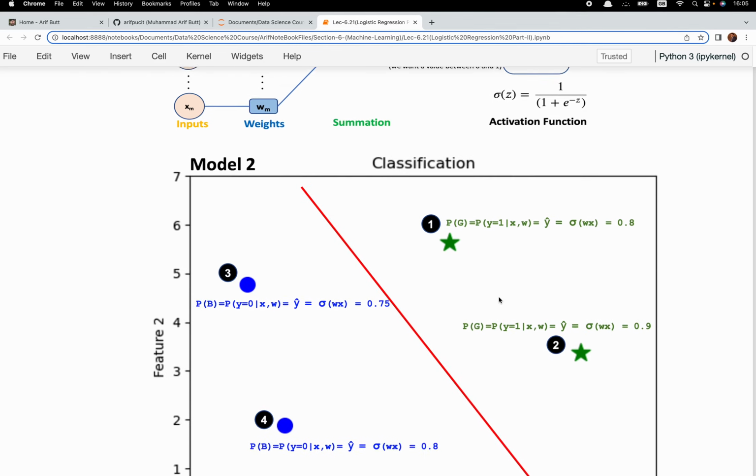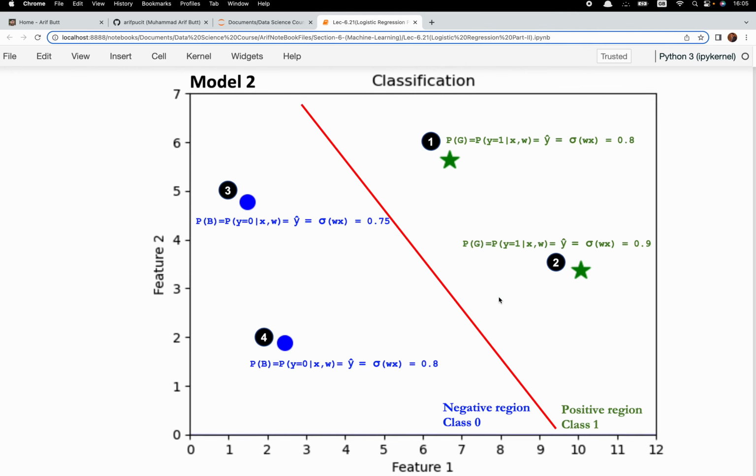Now once again consider this scatter plot having 4 data points and this decision boundary. Consider this data point number 1, this green star. We have its feature vector x and the output label y, which says that it belongs to class 1.